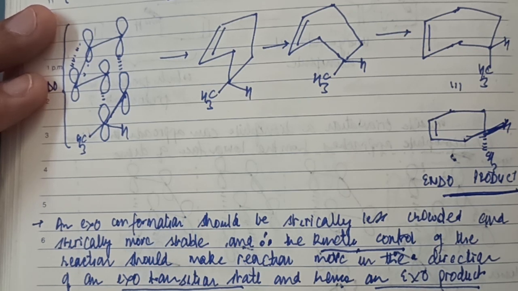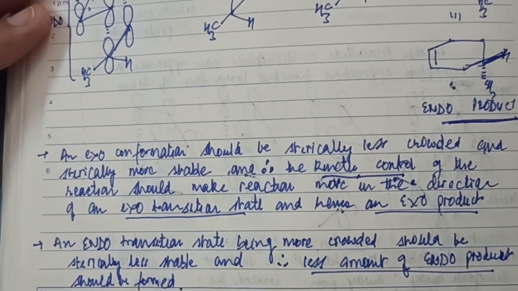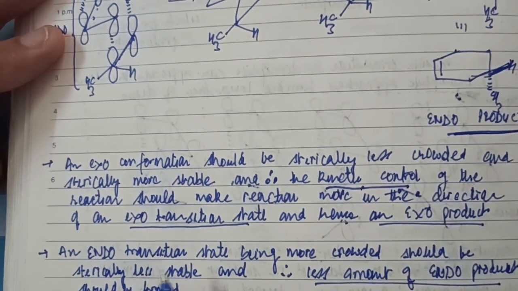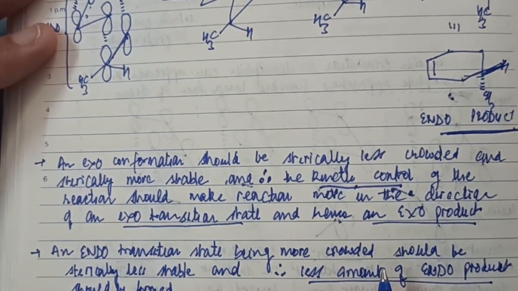And once it assumes the exo orientation, the product which will predominate will definitely be the exo product in comparison to the endo product. And the endo transition state should be more crowded because methyl and the diene's bulk are on the same side, and therefore it is sterically less stable, and therefore this will correspond to lesser amounts of the endo product being formed.